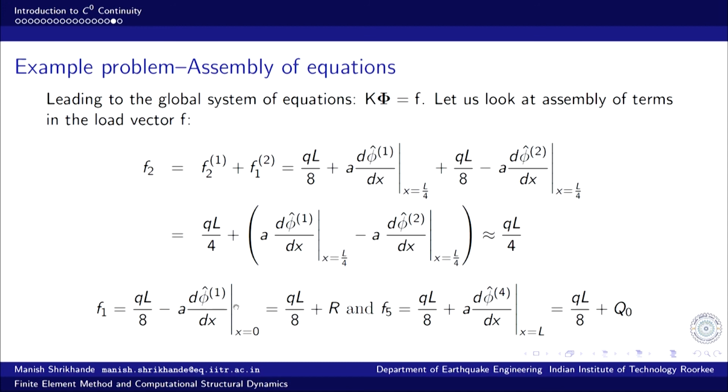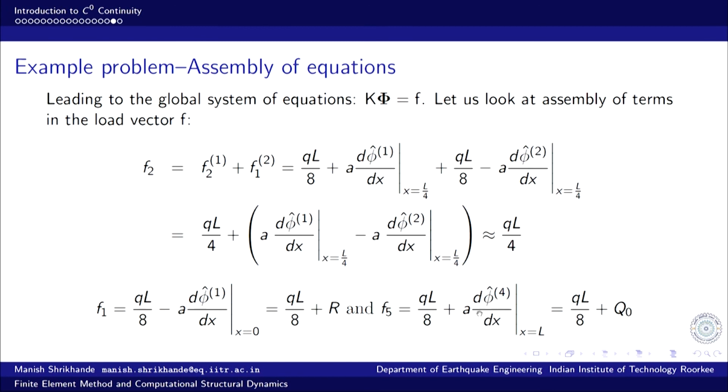And then similarly, for the first element we have this QL by 8, and this is the reaction force that will be evaluated during the course, because at the first node it is a fixed support. So, it will develop reaction in response to deformation, and that is the unknown reaction R. Similarly, at the free end there is an axial load acting, and that is what is substituted here.